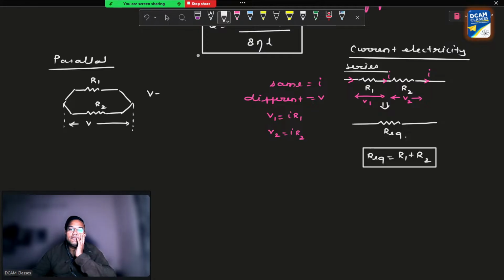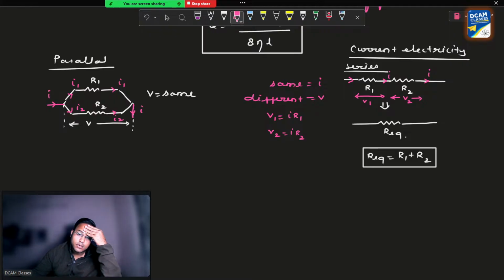Means here V is same across each resistor, but current is different, because if current I is coming, I1 goes through one, I2 goes through the other, and I comes out.